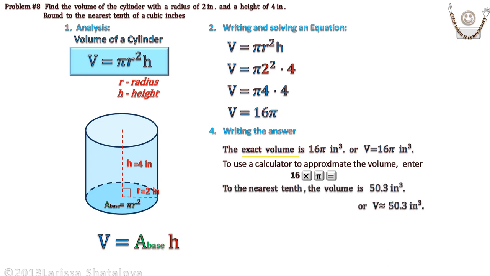And you have to round to the nearest tenth, so the volume is 50.3 inches cubed, or you can show V approximately equals 50.3 cubic inches.